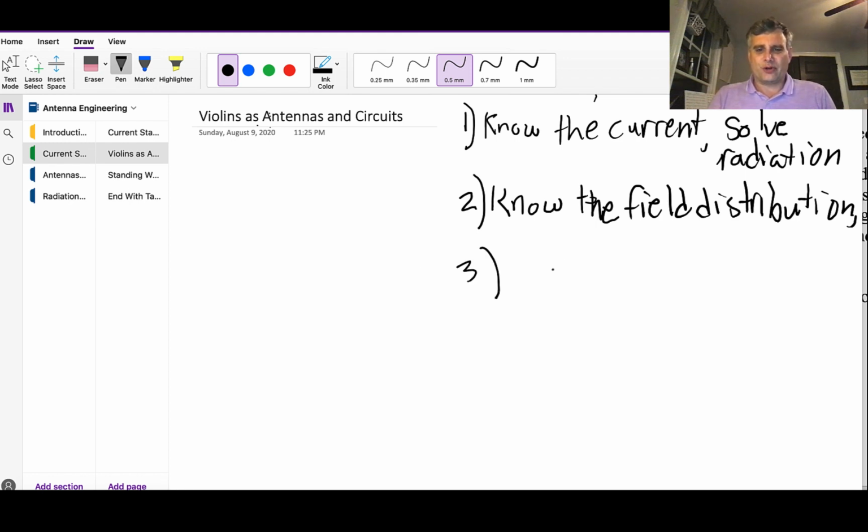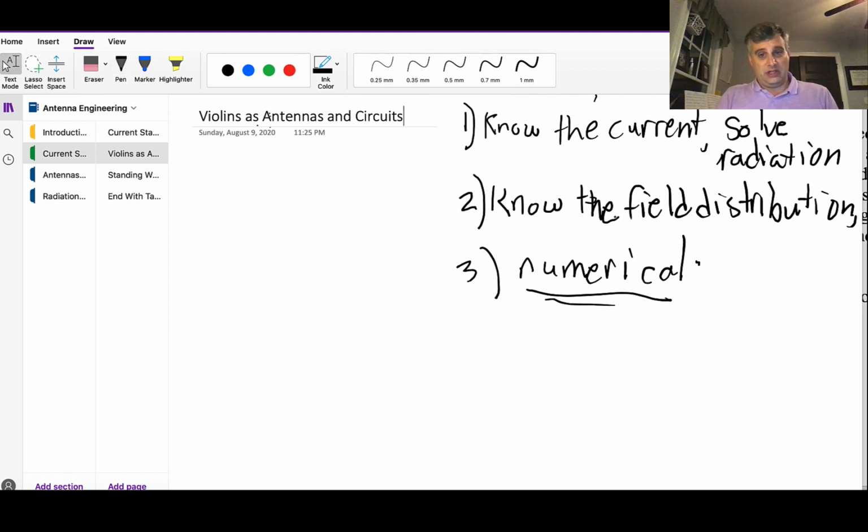The most general class of problems in antenna engineering, however, are numerical-based problems where you neither know the field around the antenna nor the current on the antenna. Because in a way, those are chicken and the egg problems. You need special cases to help you out to figure out one or the other without being able to solve for both of them.